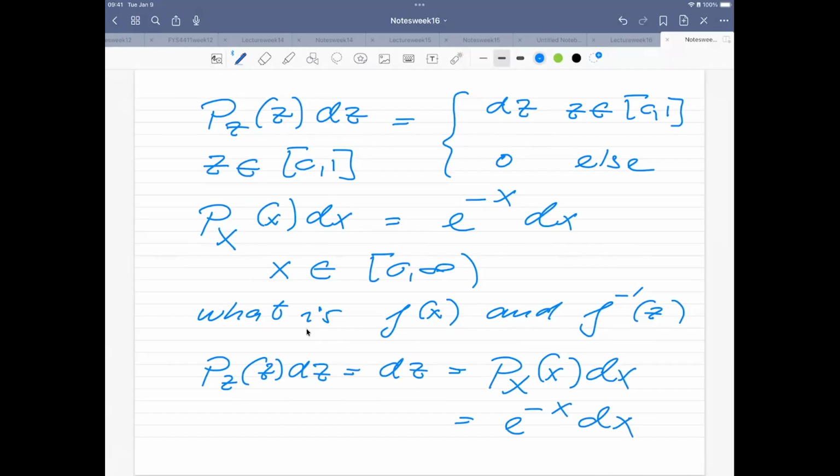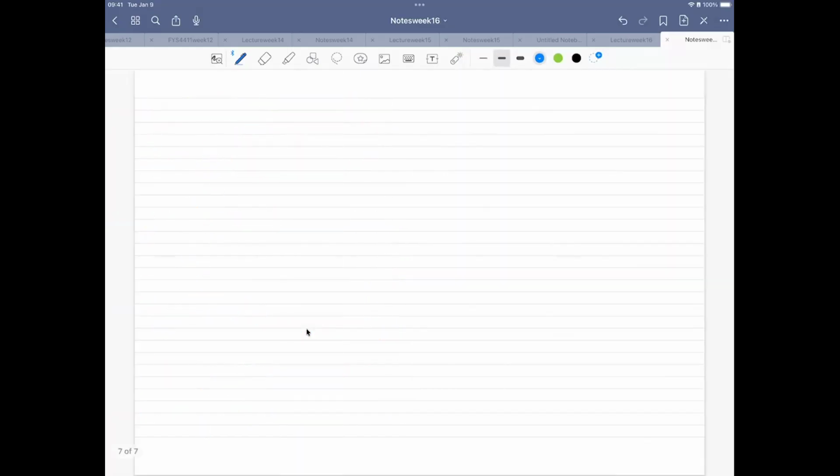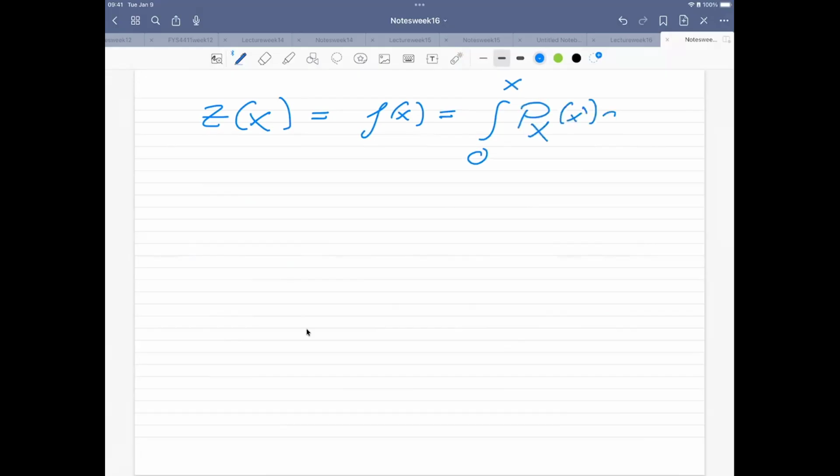If I integrate here, I can define a function z of x, which is our f of x, given by the integral from 0 up to x of p of x prime, d of x prime. What you see here is called the cumulative distribution.